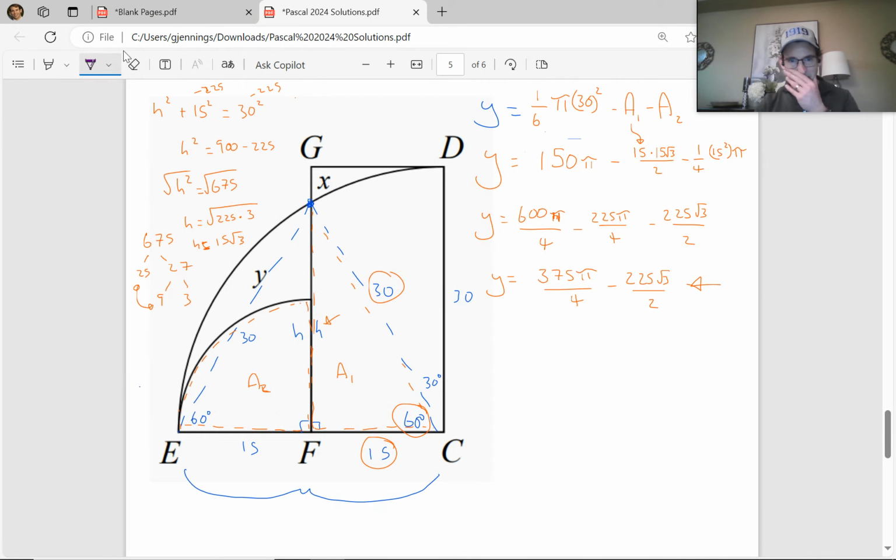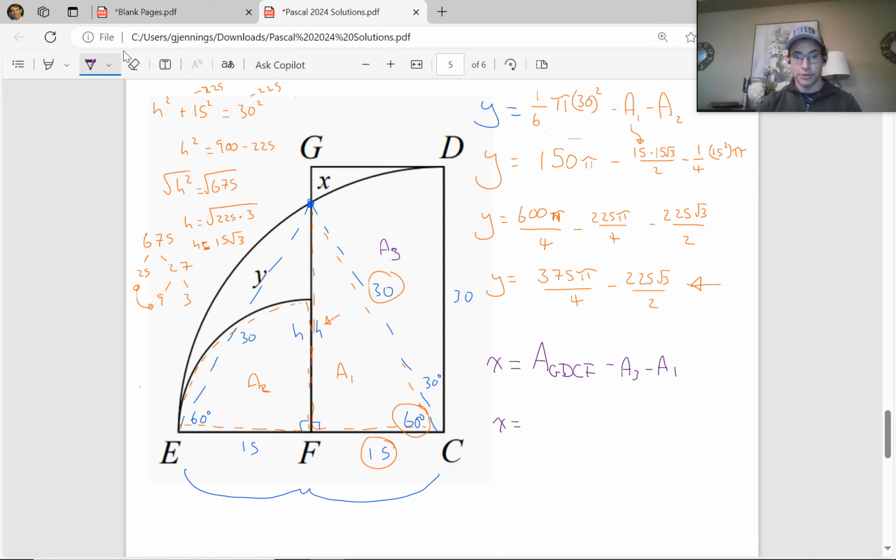So I'm noticing that if I do the area of GDFC, so I want x, x is equal to the area of GDCF, the area of the big rectangle minus the circle sector, so I'm going to call this A3, minus A3 minus A1. I've already calculated A1, so I might as well use that. And that will give me x.